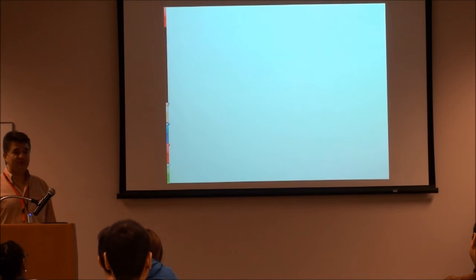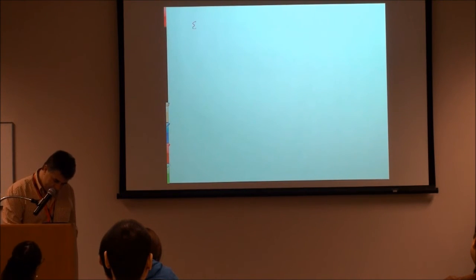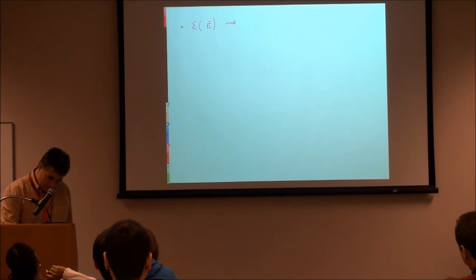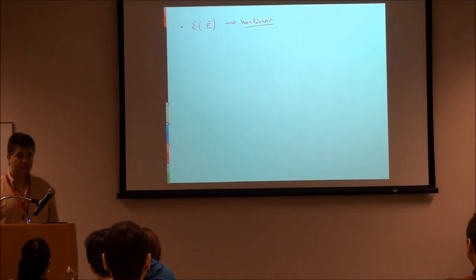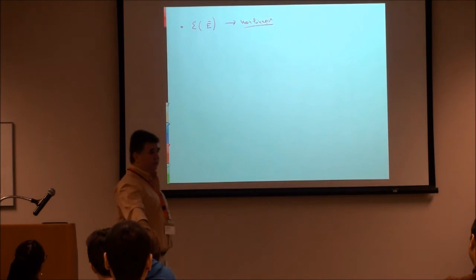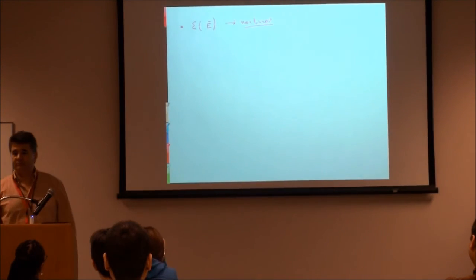What else can we have? We kept talking about linear systems. How about nonlinear systems? What does that mean? It means epsilon is a function of E. Right, like we said in the beginning, I turn up the power of the laser. That means the electric field goes up.